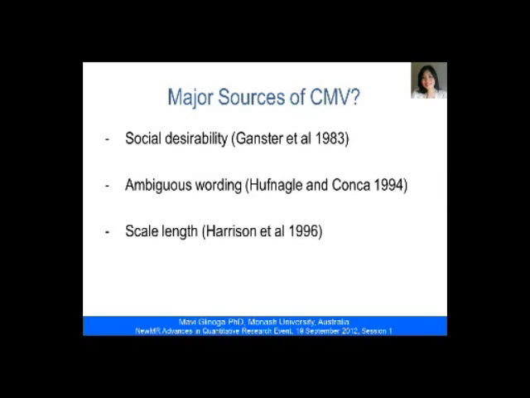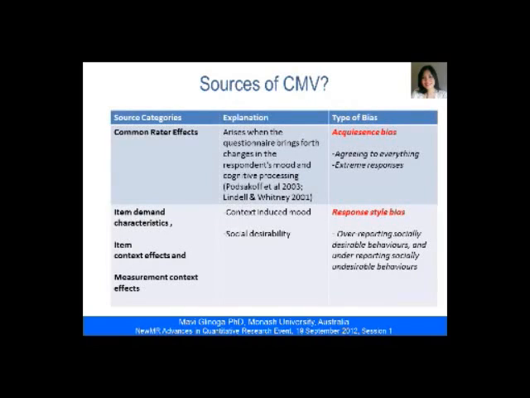You don't want to make it too long because they're going to get bored. So in essence, common method variance really arises when there's a mood change or change of attitude and emotions from the respondent's end. And that kind of change in emotions and attitude changes the way that they actually respond to our questionnaire, and that increases the likelihood of bias.